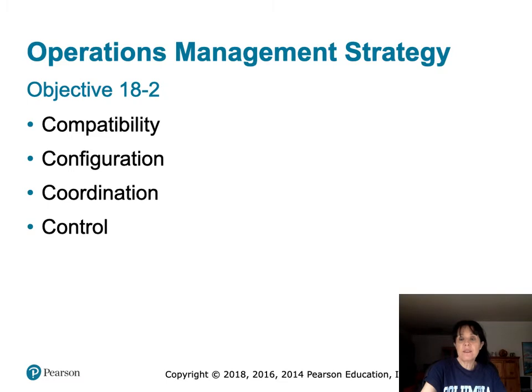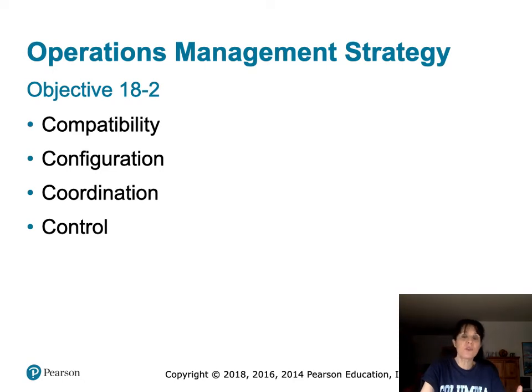So if we look at the different facets of global operations, we will be talking about compatibility, configuration, coordination, and control. So one piece in the supply chain strategy for both manufacturing and services is the operations of the company.